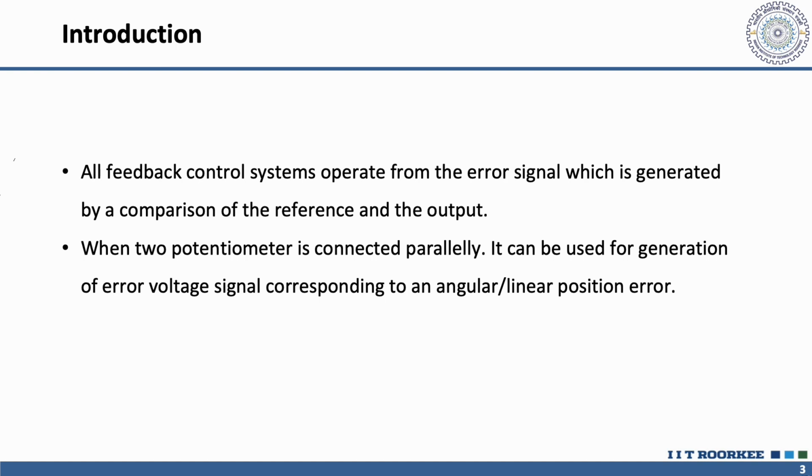The thing is, in the case of potentiometric error detector, we will do the same thing, where we will use two potentiometers connected in parallel, and one of the potentiometers will be used as reference and the other can be controlled to give an error signal corresponding to the error in the angular position of the shaft of the potentiometer. You will have a better idea of this when we go through potentiometer as an error detector part. For now, let's move to understand potentiometer.